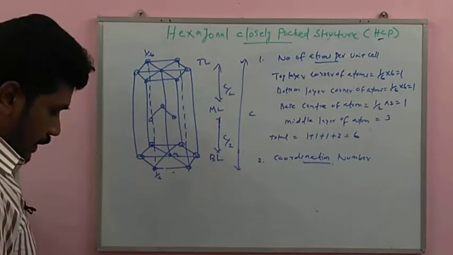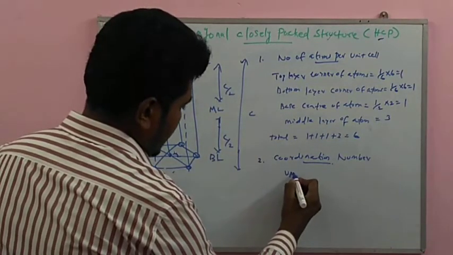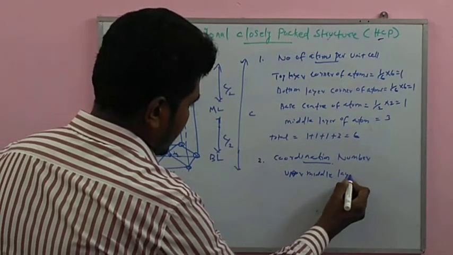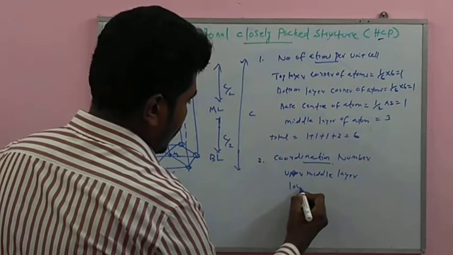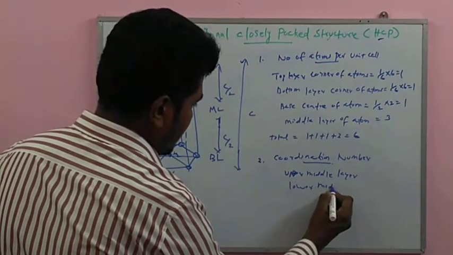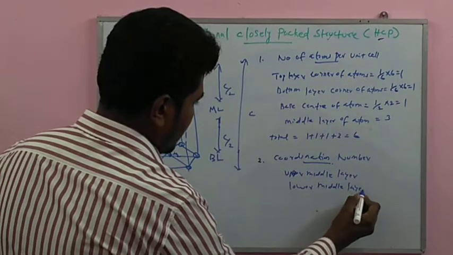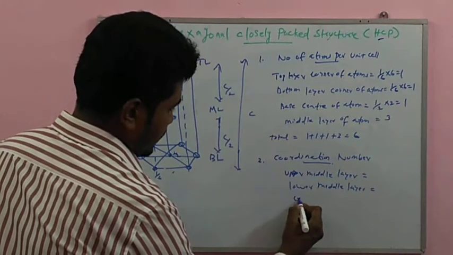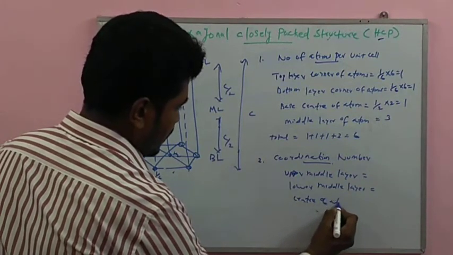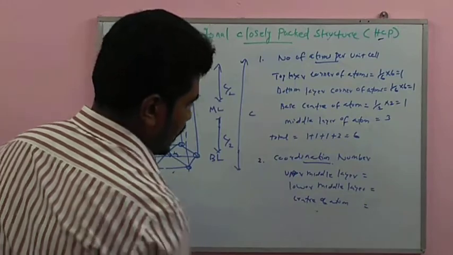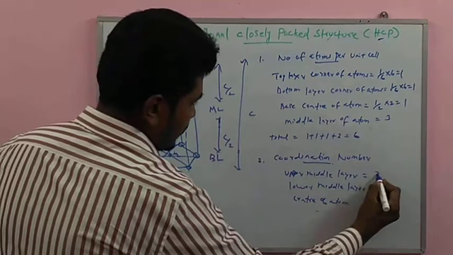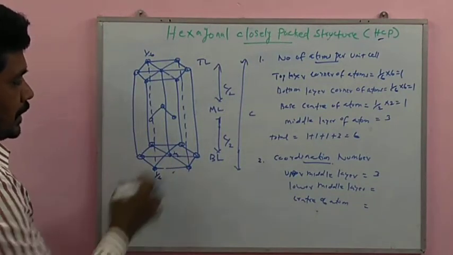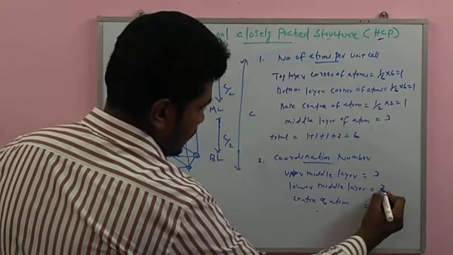The upper middle layer has 3 atoms, and the lower middle layer is the lower middle layer. Then the center atoms. So in the upper middle layer there are 3 atoms in the unit cell. The lower middle layer has 3 atoms.